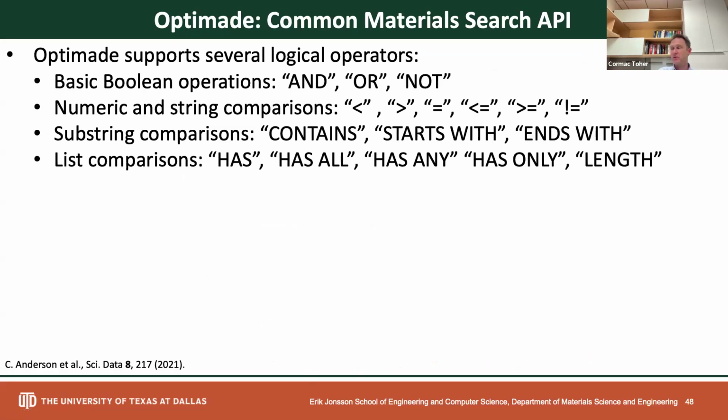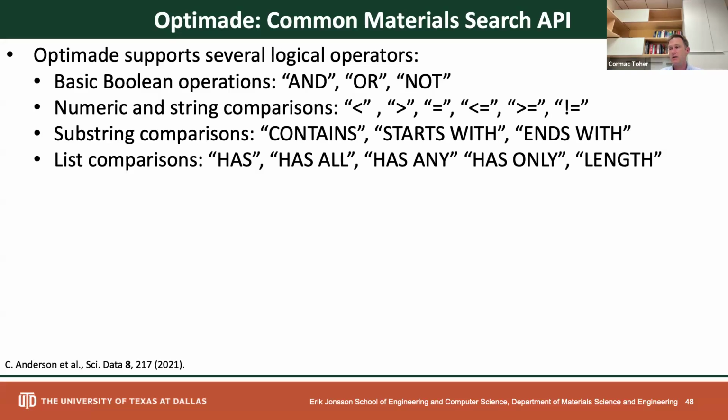Similar to what we saw before with AFLOW, it supports several different logical operators: the AND operator, the OR operator, and the NOT operator. You've got numeric and string comparisons, so things like less than, greater than, equals, less than or equals, greater than or equals, not equals. You have substring comparisons, so things like contains, starts with, ends with. And then you have list comparisons, which is what you would use to check for elements.